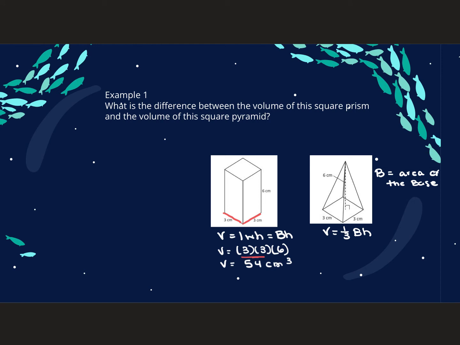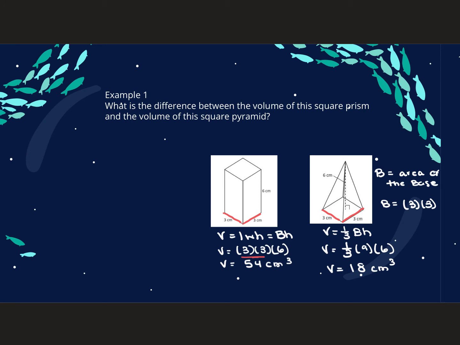For the square-based pyramid, our big B is 3 times 3, which gives us 9, times the height of 6. 9 times 6 is 54, and 1/3 of 54 is 18. This is also centimeters cubed.